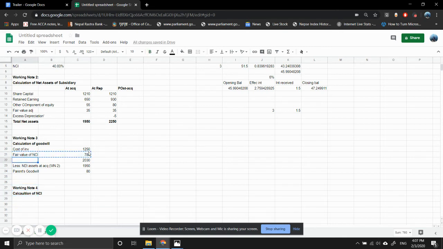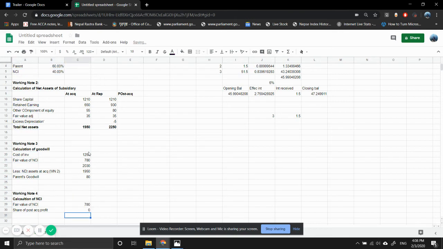So this figure is same. Share of post acquisition profit, which will be this figure into 40%, right?